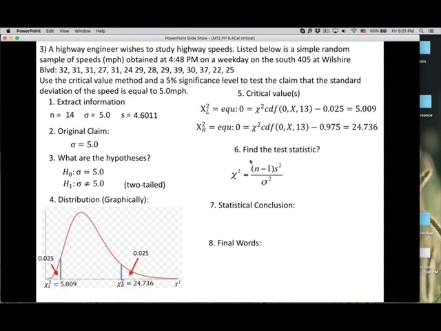Then find out the test statistic. So plug in this to your formula. You should get this one. Okay? And then conclusion. So the test statistic is 11.008. Is the test statistic located inside the critical region or outside the critical region?